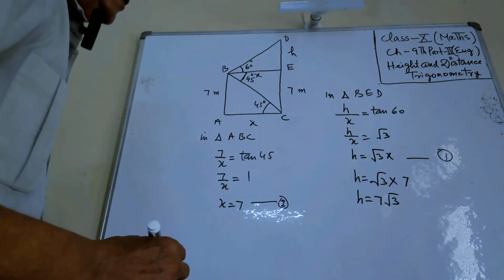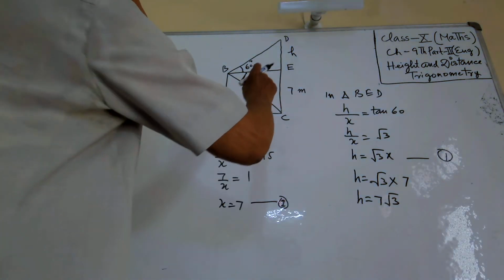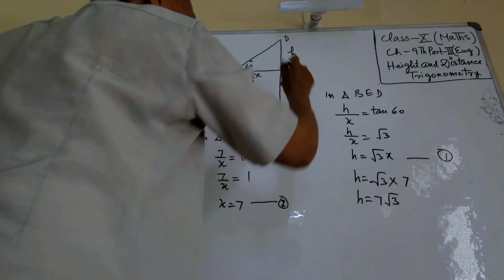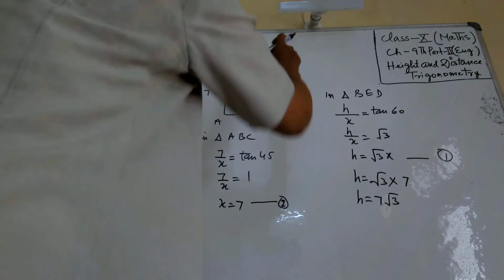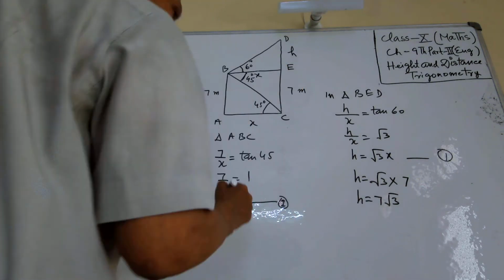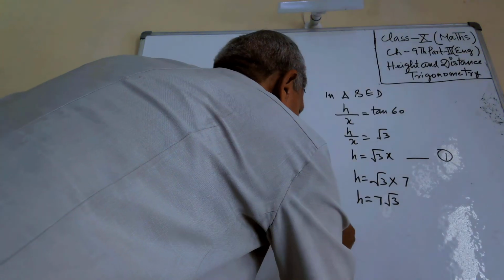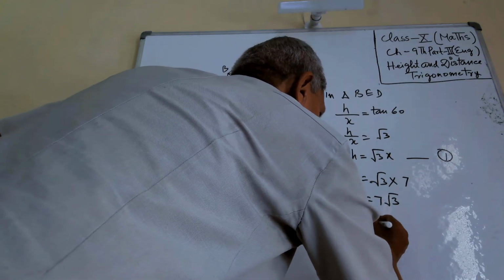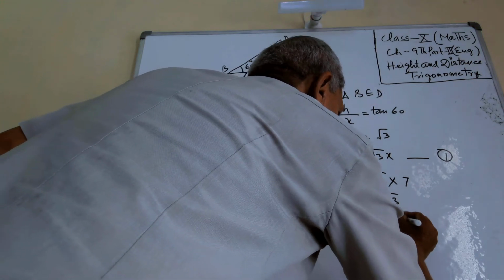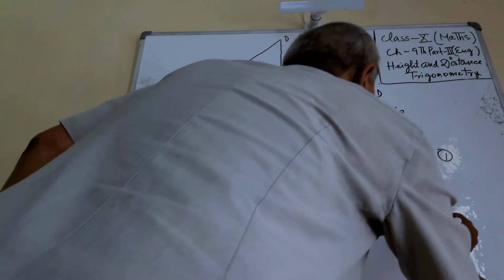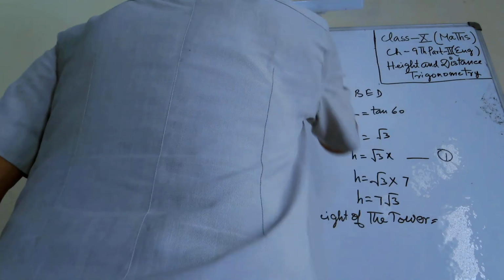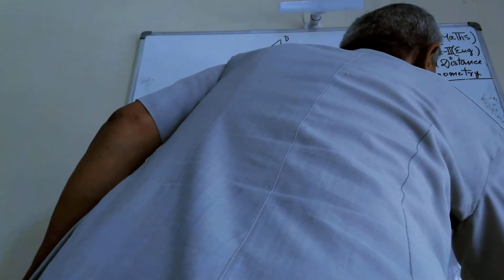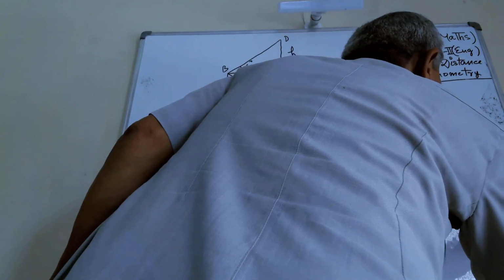This is the h, of a tower, no, sorry, the height of the tower. The height of the tower is CE plus ED.